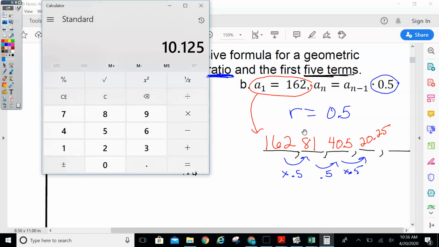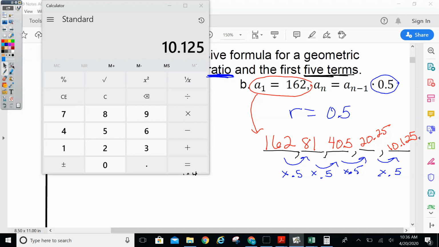I get 10.125. Okay, so on the homework, if you happen to get decimals, don't round them here because the decimals are important. Because if you round, it's not going to end up being 0.5 exactly when you multiply. So you do need the decimals, or you can do them as fractions. So here, we multiply by 0.5. You can change these to fractions if you want.